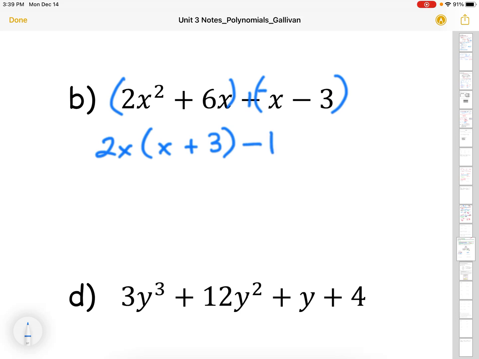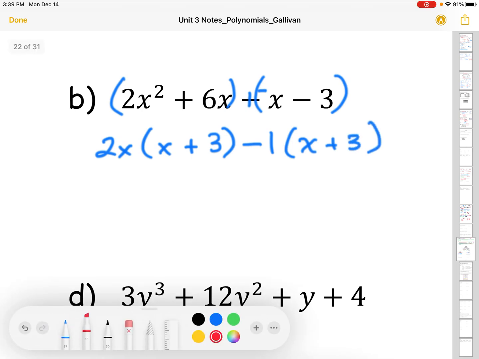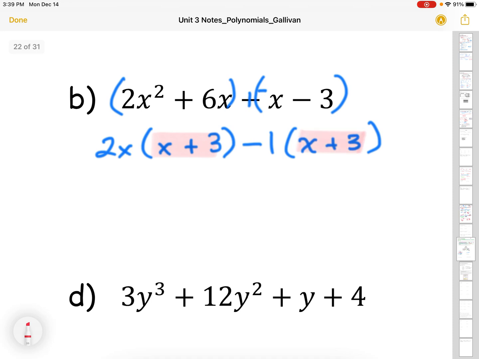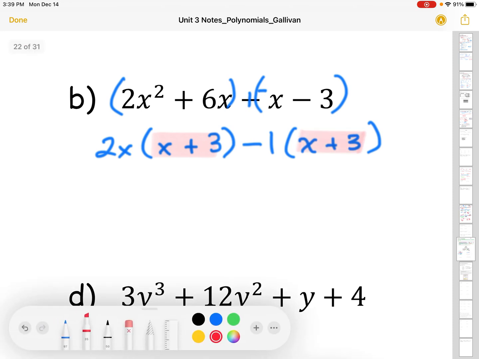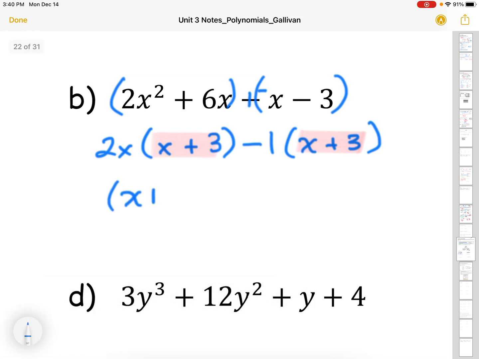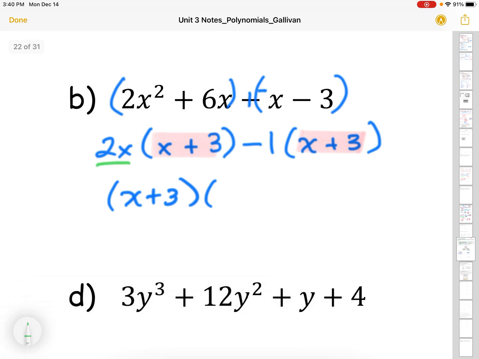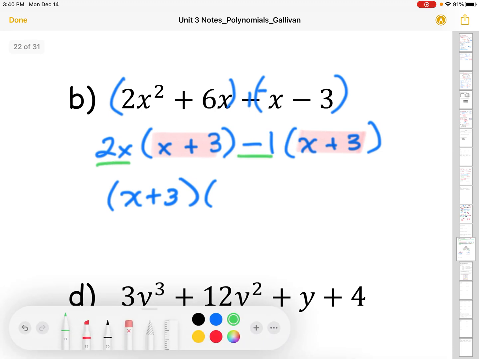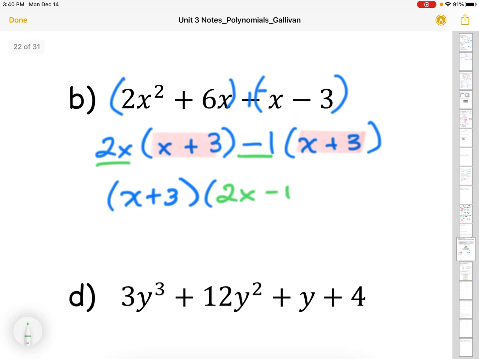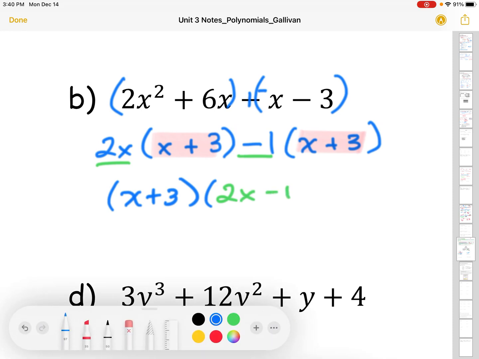I'm going to factor out a negative 1. So I'll get positive x plus 3. I do that because I want this to be the same as that. Okay? Now it is. So from that, I've got my x plus 3, which is a factor of both of them, and then the remainder is what's going to go in the second bracket, 2x minus 1.